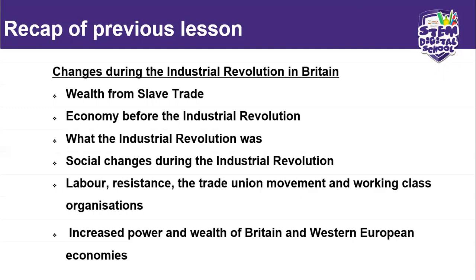Remember, they got their wealth from trading slaves, and also the economy was different before the Industrial Revolution. People were doing farming in the rural areas before the Industrial Revolution came in. And when it came, there were also social changes in the way people were living in societies.